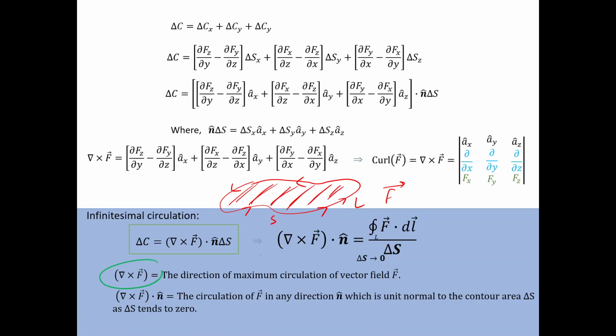Now what does this represent? The curl of vector field, let's say at any point, this is the direction of the curl of the vector field. And let's say this is the direction of the loop area. Then del cross F represents the direction of the maximum circulation of the field F at any point.